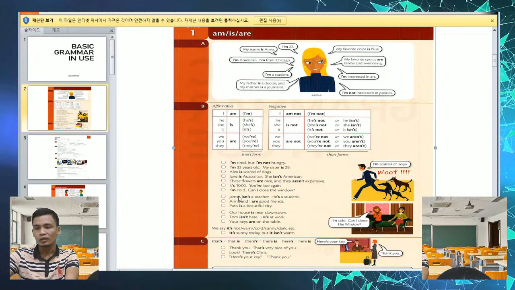Next we have it's 10 o'clock. You're late again. In the first part, we have it is 10 o'clock, so you are defining the subject there, which is 10 o'clock. In the next sentence, you're late again.